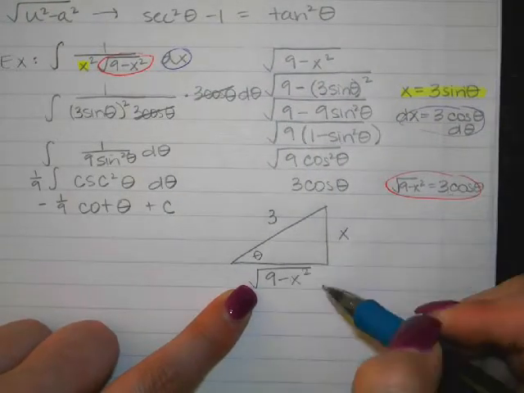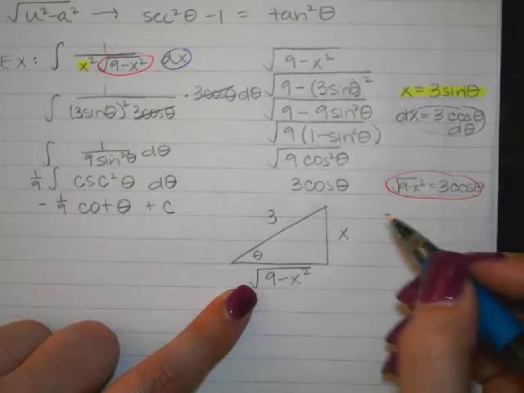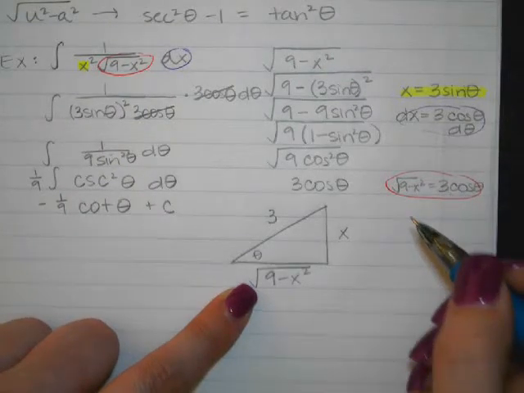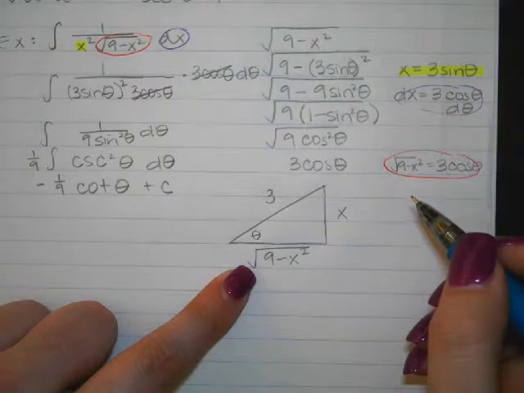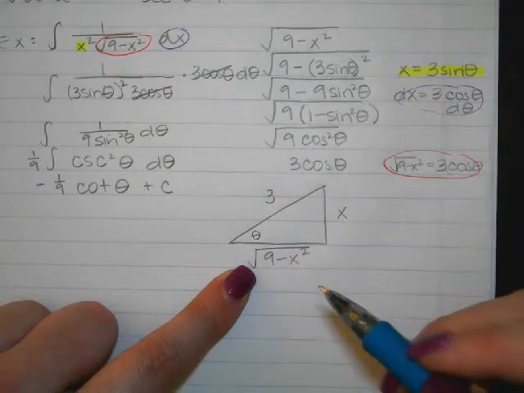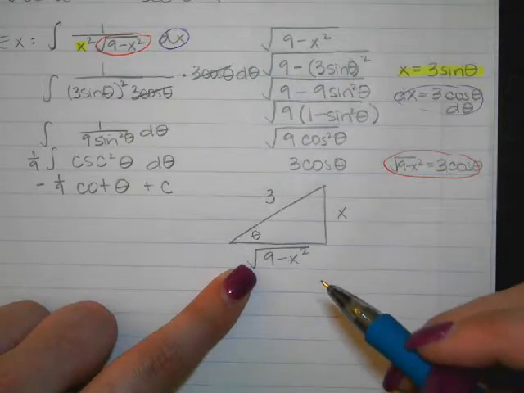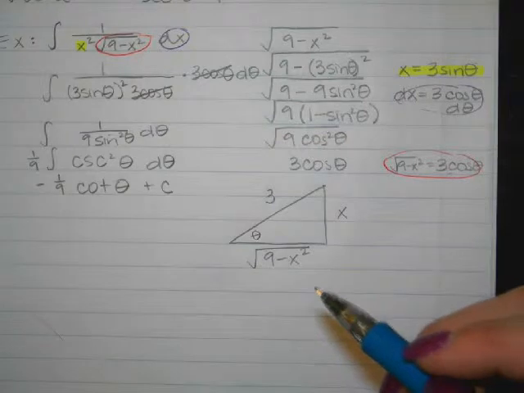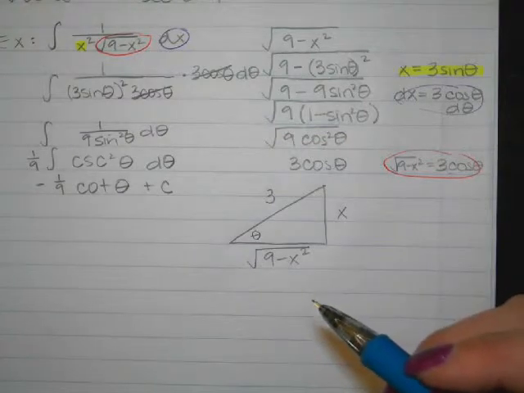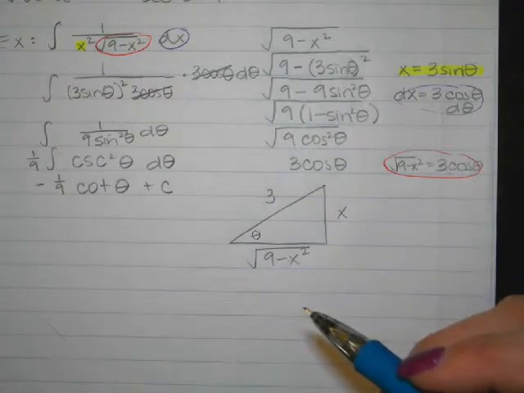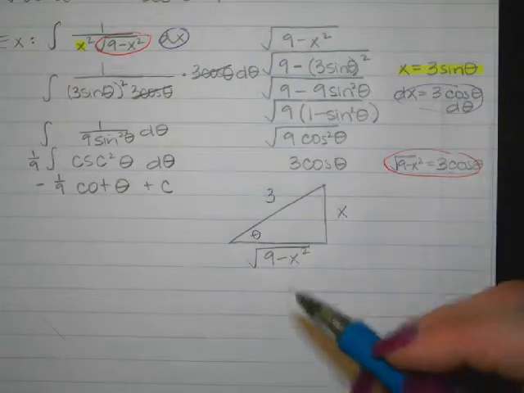Now, if we look at this triangle, what would cotangent be? You can do cos over sine, or you can just do the flipped version of tan. So tan is opposite over adjacent, so cotangent would be adjacent over opposite.